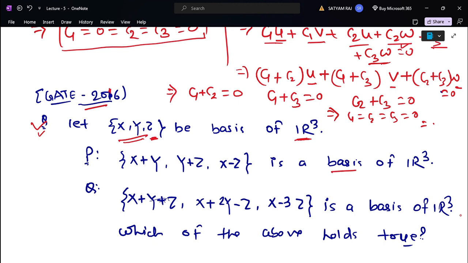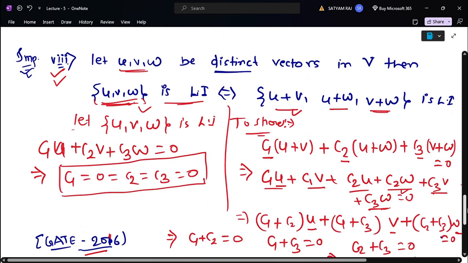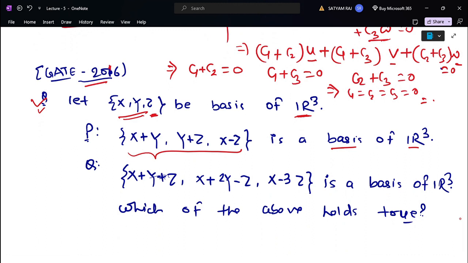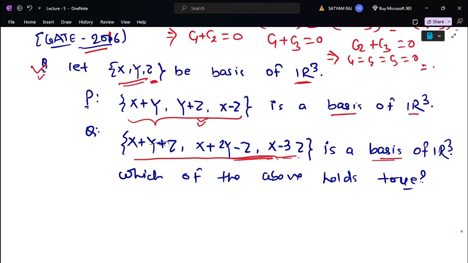We need to show this is a basis of R cube. It means we only need to show this is LI. Similarly, as we have proved this property, we can prove this also, whether this is a basis or not. If this is LI, it will be a basis. Okay, so please solve these questions. It will be easy to solve.